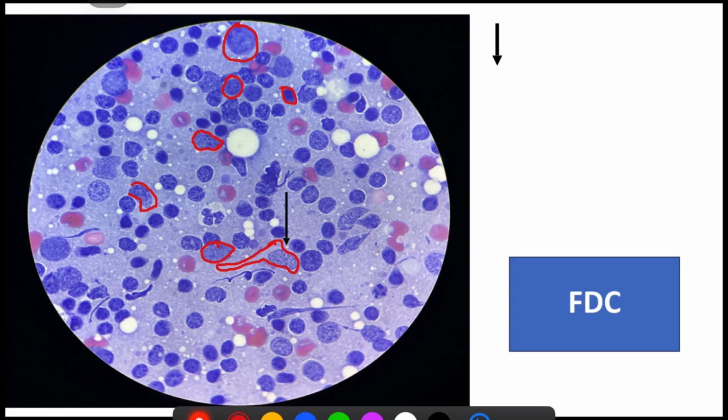One surface is flat and another is convex. So this is the identification mark: pale nuclei, elongated cytoplasmic process, one surface flat, or round to oval in shape.